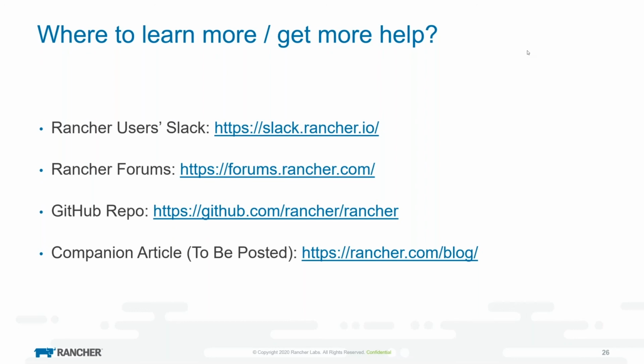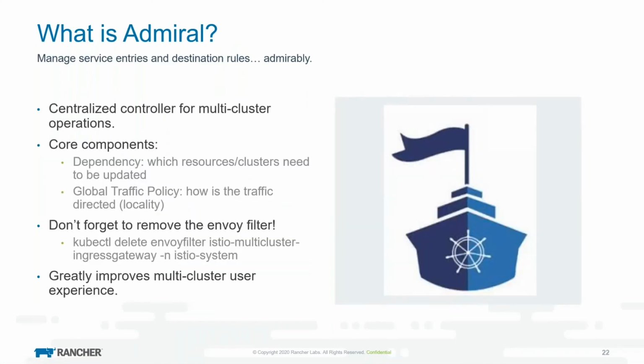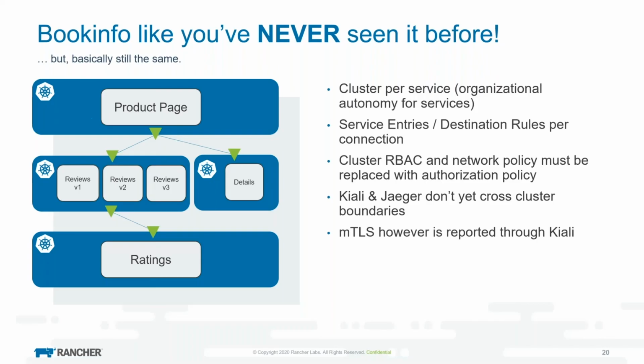But one of the things that I think I made reference to on the slide deck is that Kiali and Jaeger don't yet cross the cluster boundary. That's something that still needs to be done. The Jaeger part wouldn't be so difficult because for tracing, you just need to pass the right headers and make sure that the headers are being observed. The Kiali part's a little bit more difficult, primarily because of the dependencies it has on the Istio configuration.